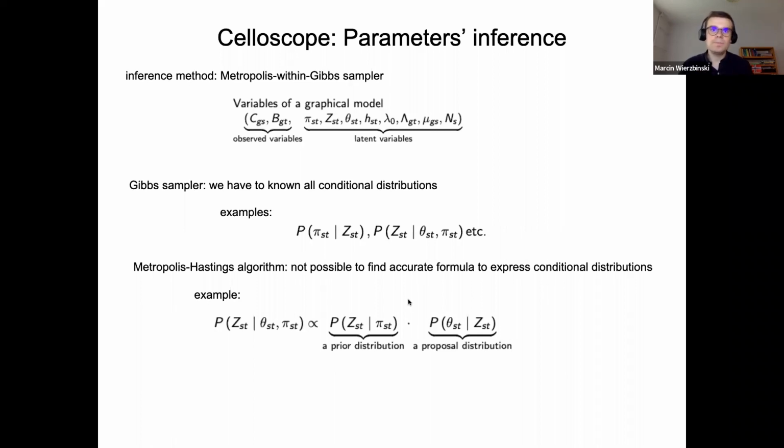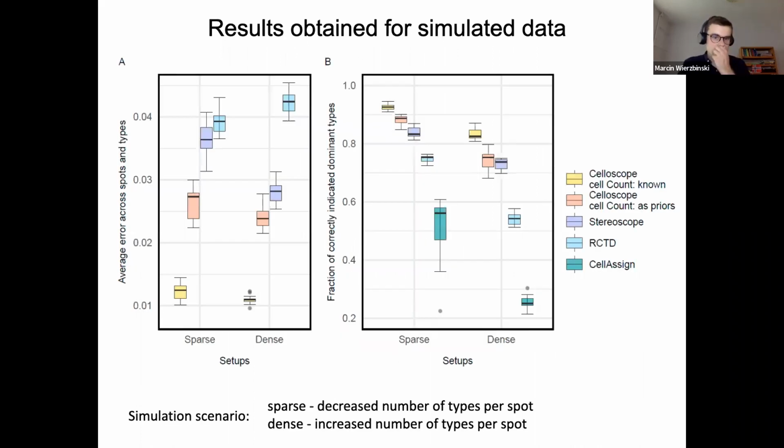And here is a slide from a publication by Agnieszka Gera and co-authors about the results obtained for simulated data. The simulation study demonstrated the accurate performance of Celloscope, so it's a very accurate method.